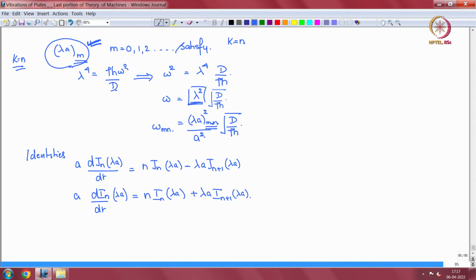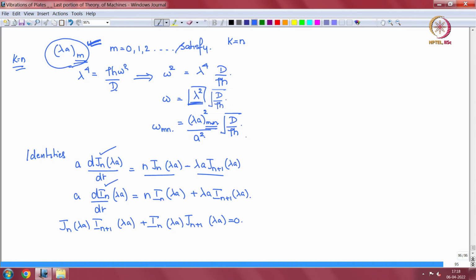So if the derivatives are replaced by this, what we get is now an equation: J_n(lambda a) I_{n+1}(lambda a) plus I_n(lambda a) J_{n+1}(lambda a) equal to 0.